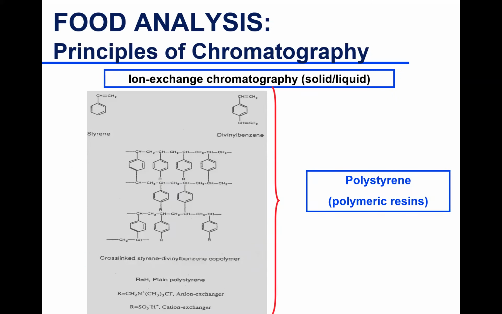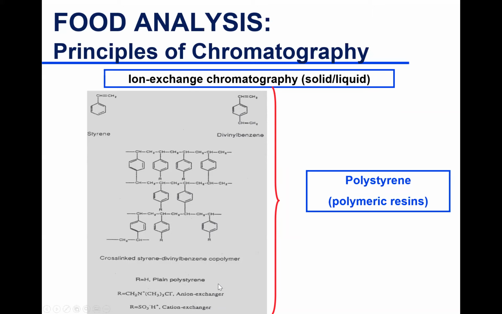A common resin is polystyrene divinyl benzene. So you have the styrene and divinyl benzene cross-linked together. And then you have here the R group, which can be derivatized with a positively charged functional group or a negatively charged functional group. If it is a positively charged functional group, it becomes an anion exchanger.